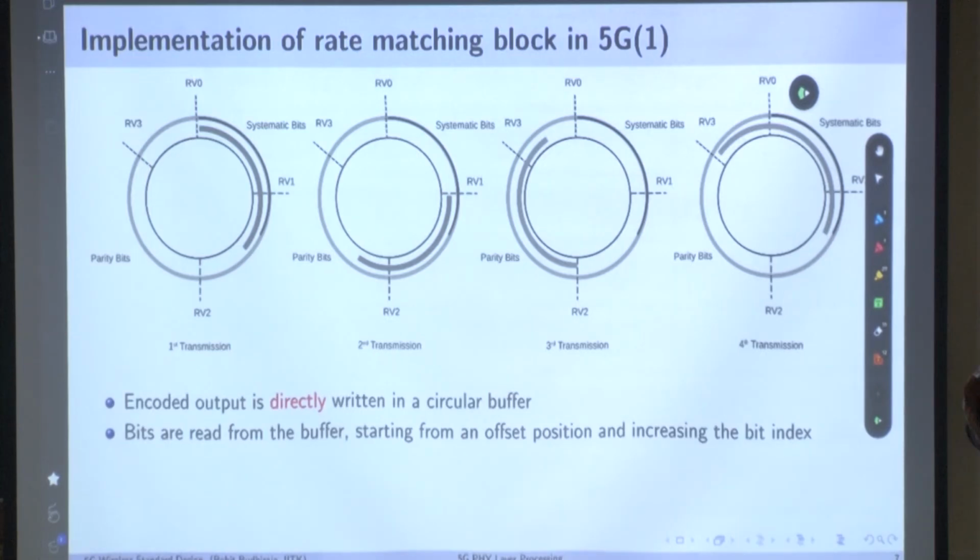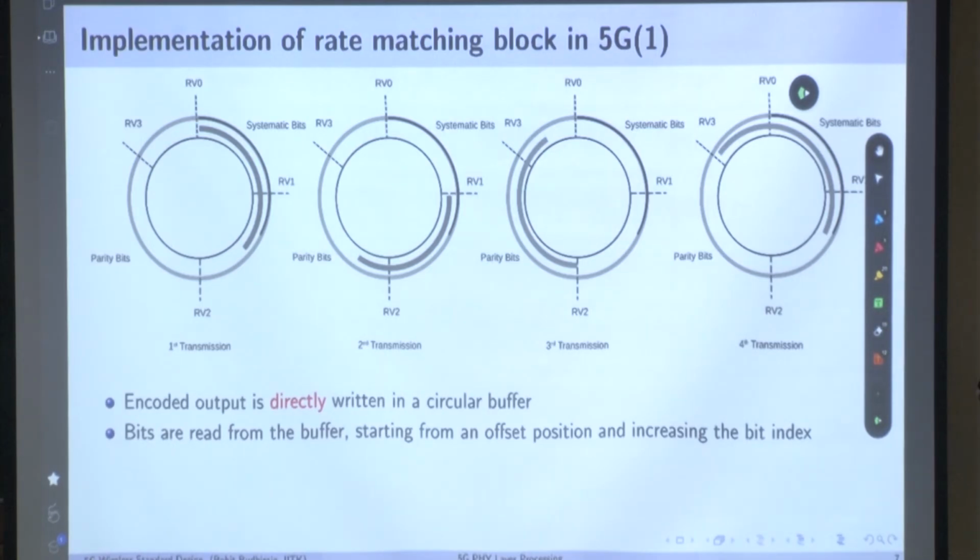Now these bits are transmitted and undergo the rest of the transmit processing, but at the receiver, if this code block is detected fine, then the transmitter will not retransmit it.